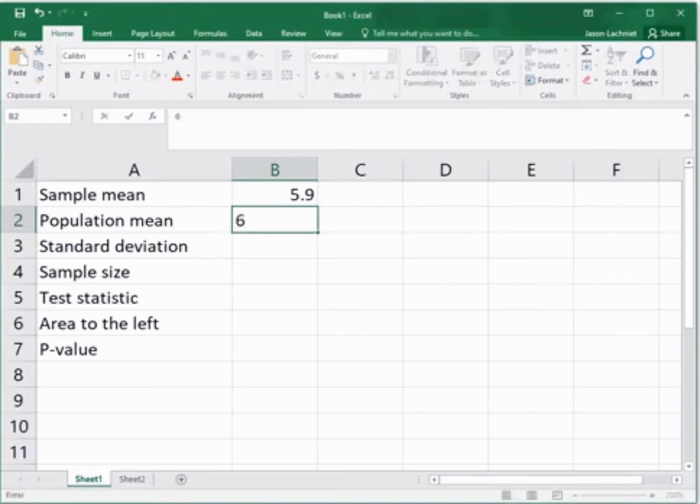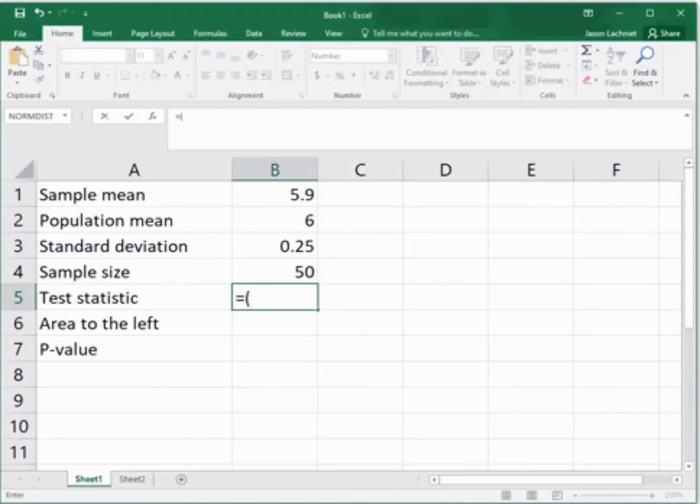That's the null hypothesis. We're assuming that the true mean amount dispensed is actually 6. Our standard deviation, 0.25. Our sample size, 50. And then I'm going to use a formula here to calculate that test statistic. And I'm really just using Excel as my calculator here.